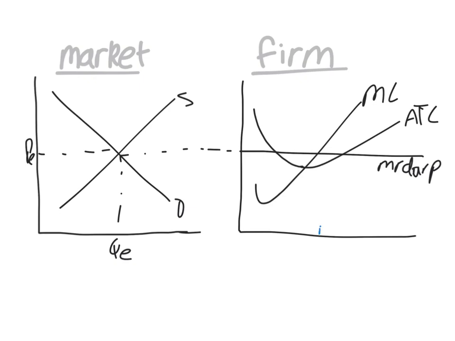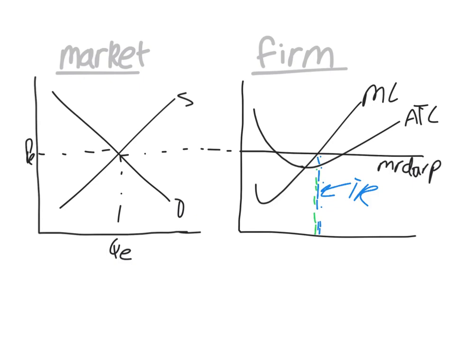So if we dot up to here, where Mr. Darp and marginal cost intersect, we can get our total revenue. And then from that same point, we can't change it because that is a profit maximizing point. Once we go up from that same point, we'll use green to signify this.